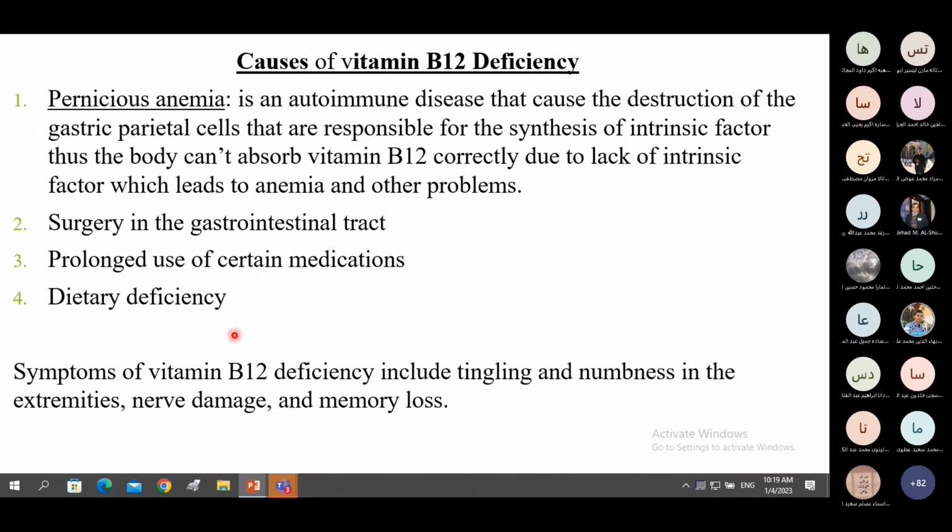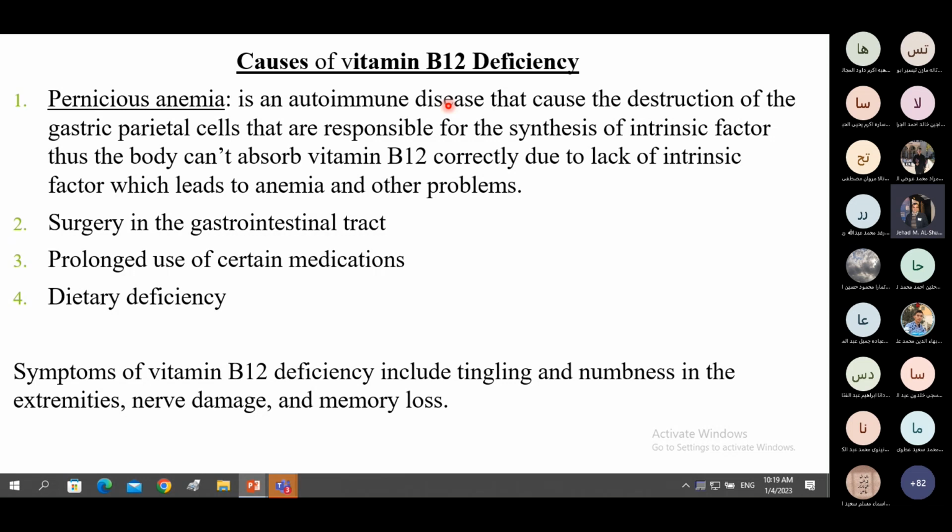Causes of vitamin B12 deficiency. What causes vitamin B12 deficiency? Pernicious anemia. Pernicious anemia is an autoimmune disease.